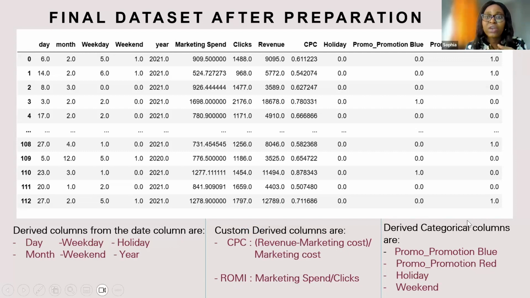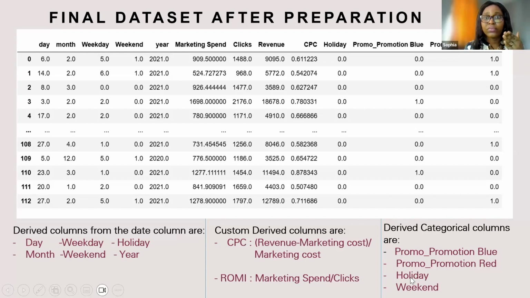And then for the derived categorical columns, it was very necessary. I changed promotion blue and red into categorical columns such that wherever there was a blue promotion, it gives me a 1, and wherever there was no blue promotion, it gives me a 0. I did that for promotion blue and red.